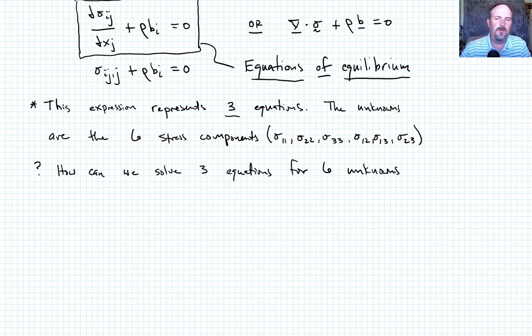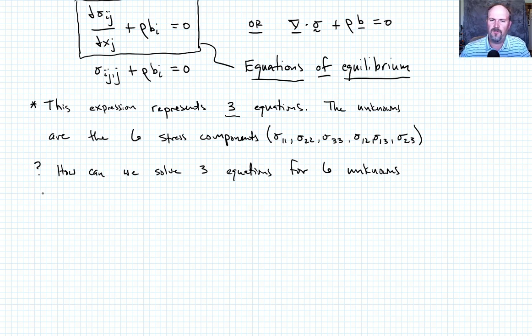Usually people can recite that if we have 3 equations, we can solve for 3 unknowns. If we have 6 unknowns, we need at least 6 equations. So obviously we can't just solve this directly. We need some more information to develop the governing equations for a linear elastic material.